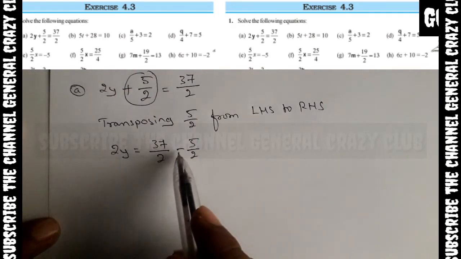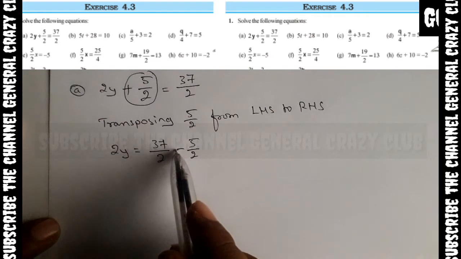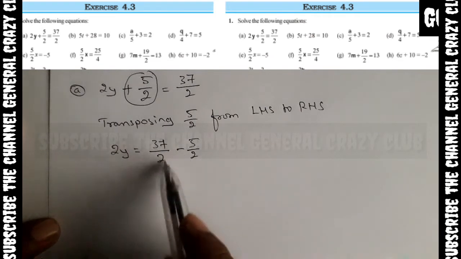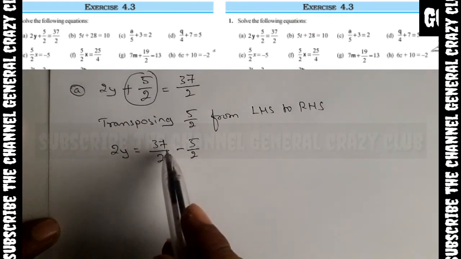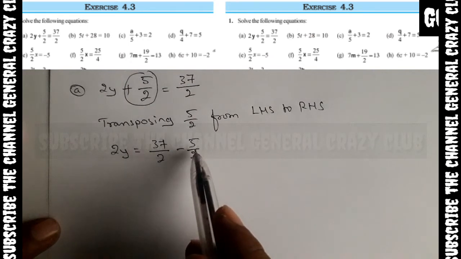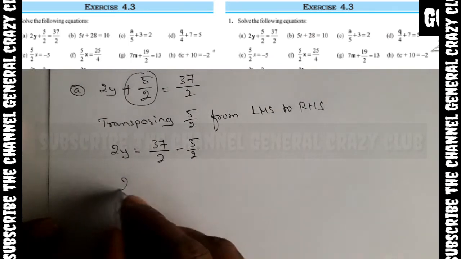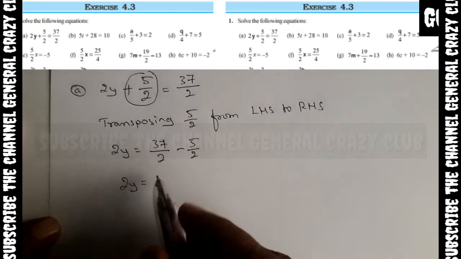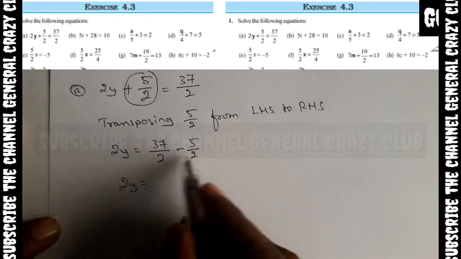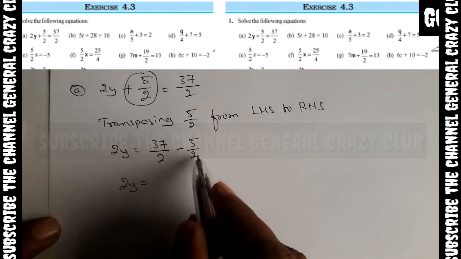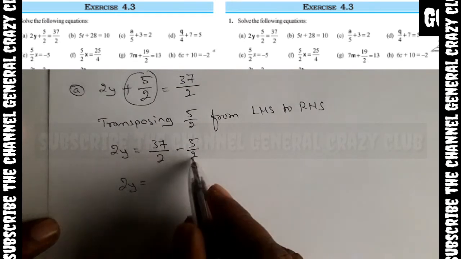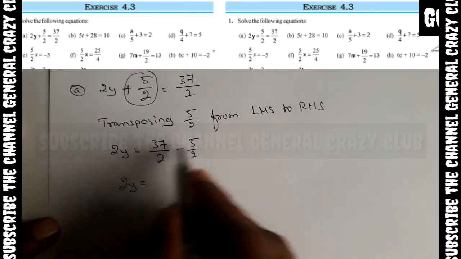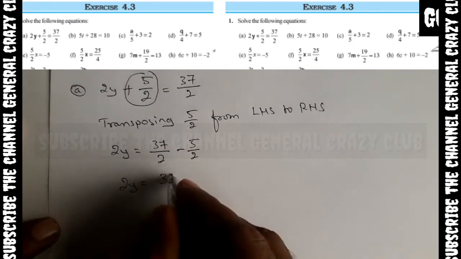Here one thing, in addition and subtraction, if the denominator is the same, we can directly add and subtract. 2y is equal to, if the denominator is different we find the LCM, but here the denominators are the same. 37 minus 5, 32.